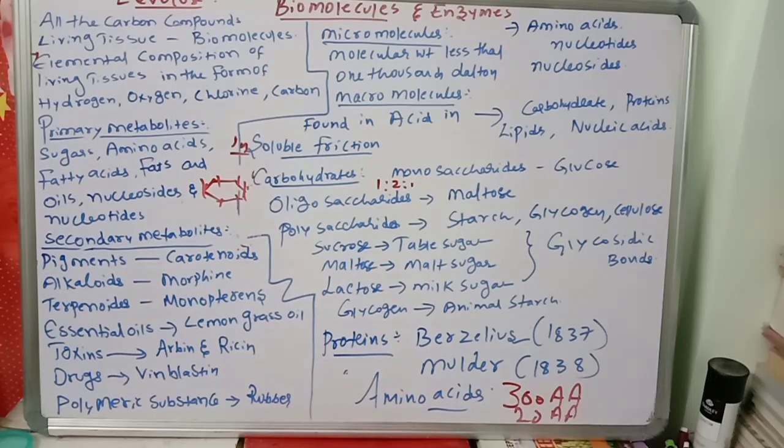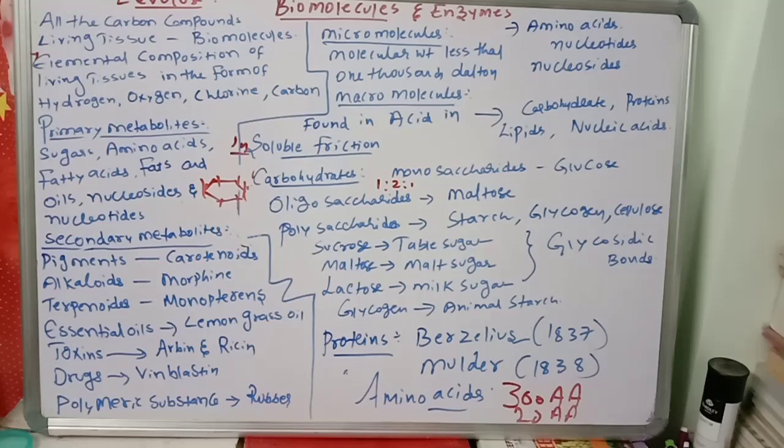What is the criterion? A molecular weight of more than 1000 Daltons, in which case they are called macromolecules. And what is the ratio of carbon, hydrogen, oxygen in the carbohydrates? 1:2:1. What is the bond between the carbon and OH group? That is the glycosidic bond.